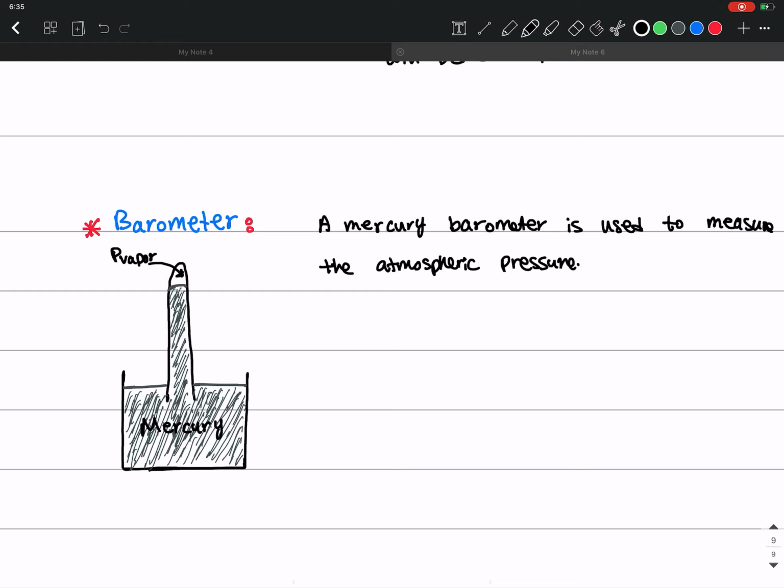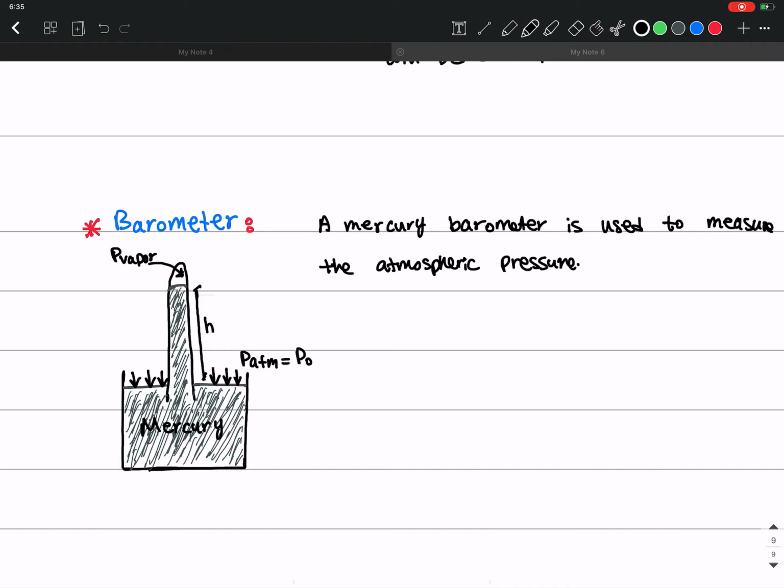And then this length is h. And then on top of this, we have atmospheric pressure, which we call P0, okay?